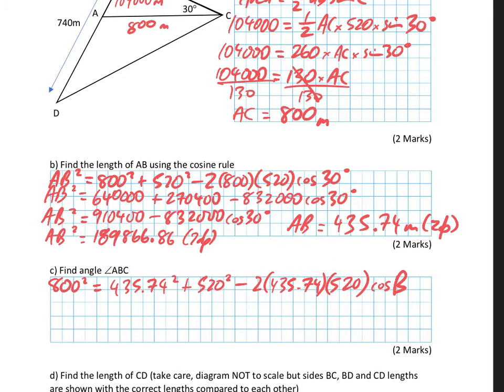Ooh, this is taking a while. We've got 640 grand equals 435.74 squared, 189,869.35 plus 520 squared. I think I had it before, 270,400.